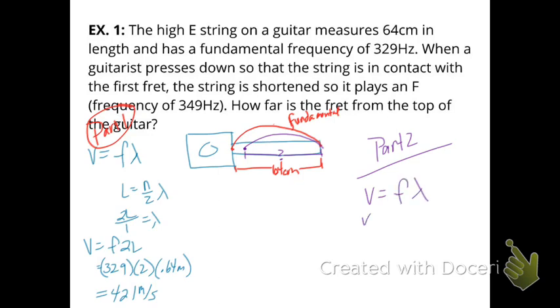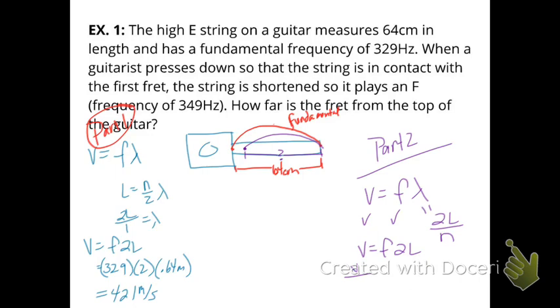We have the velocity, we just solved for it. It's the same medium, so it works. We have the frequency. And we don't want wavelength, we want L. And I know that wavelength is equal to 2L over N. And our N in this case is 1, because again, it's a first harmonic. So that means velocity is equal to frequency times 2L. Solve for L.